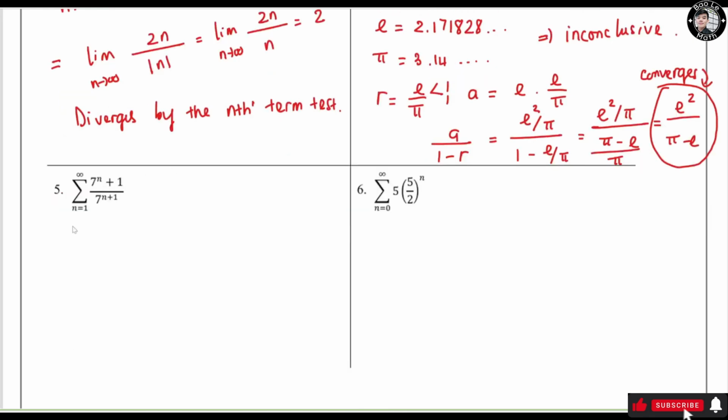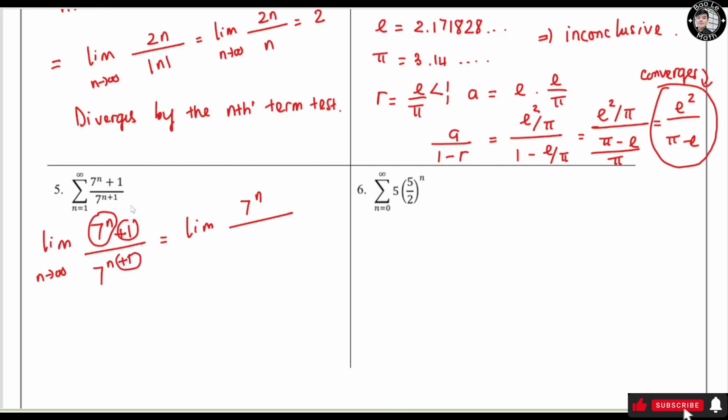Now question 5. We have the limit of 7 to the n plus 1 over 7 to the n plus 1 when n approaches infinity. Now when n approaches infinity, this grows faster than this, so we can ignore 1. Be careful: you cannot ignore the 1 in the denominator.